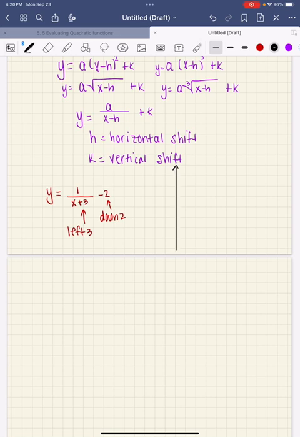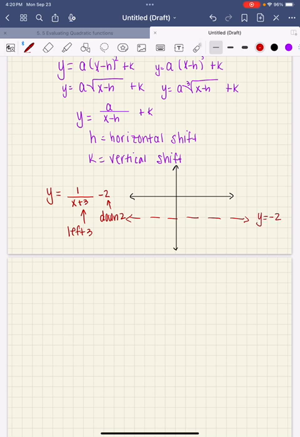So I'm going to draw a really small little graph here. Hopefully I can fit it in. Left 3, down 2. Hopefully I'm going to get lucky and it's going to fit. So down 2, I'm going to have an asymptote at y equals -2.